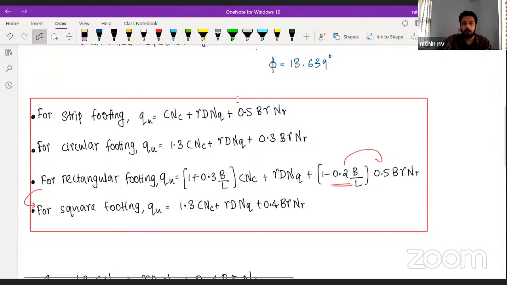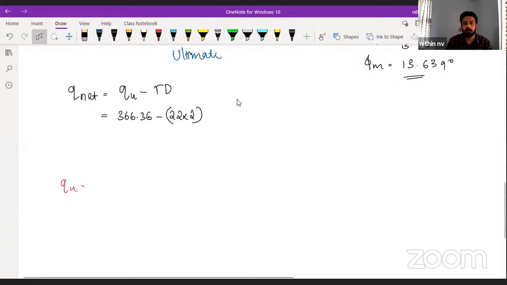So we got QU equal to 366.36. If we require Q safe, theoretically we can do it like this, but we will not do it like this. This is wrong.